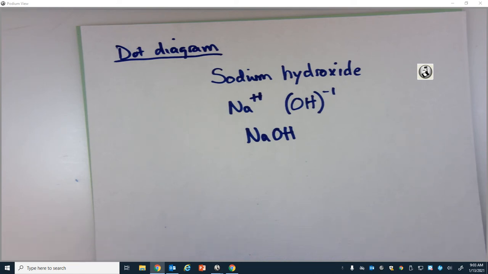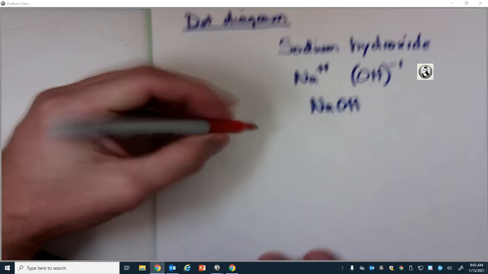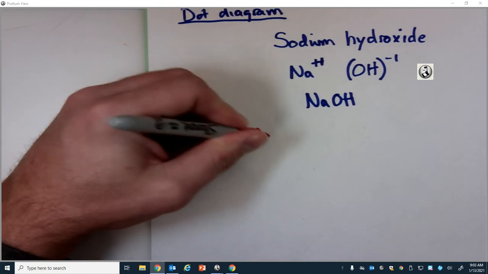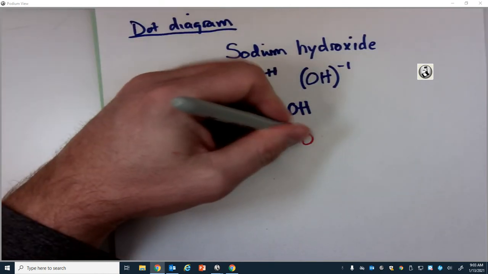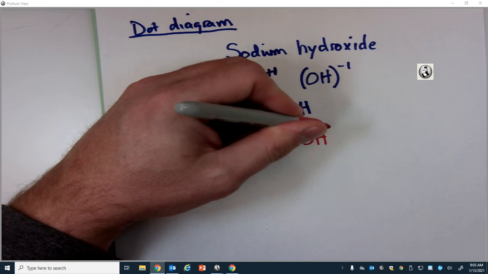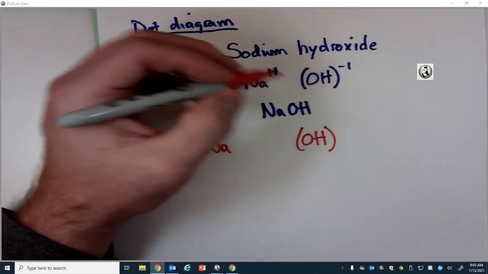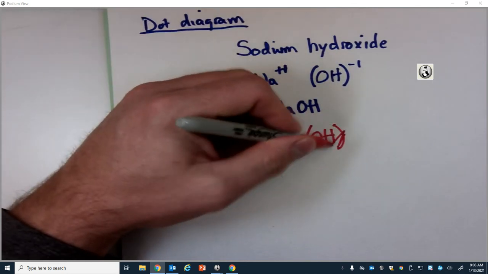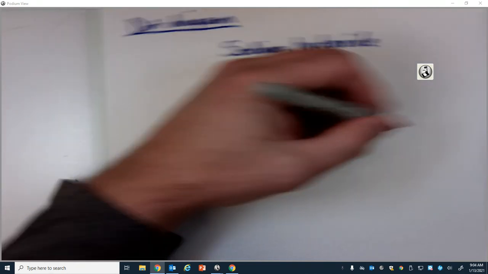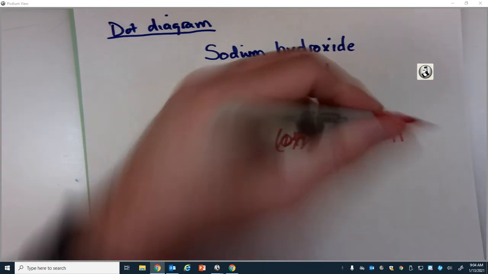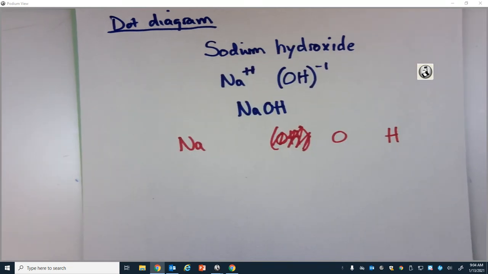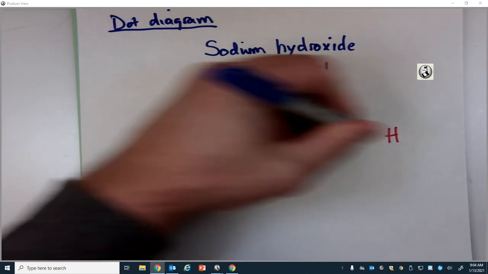First things first, like we did before, we're going to get the puzzle pieces. Our puzzle pieces in this case are sodium and hydroxide. Sorry, I forgot, we're going to split hydroxide out into its polyatomic ion, so we're going to have O and H. I think I can overwrite this in blue.